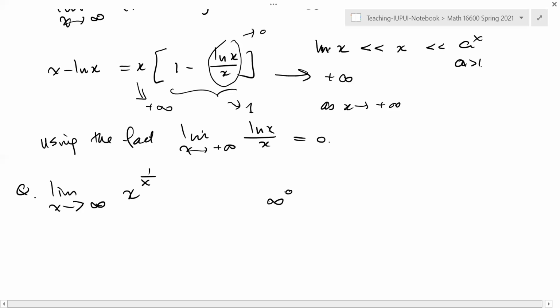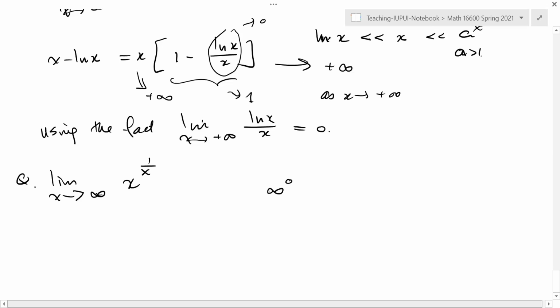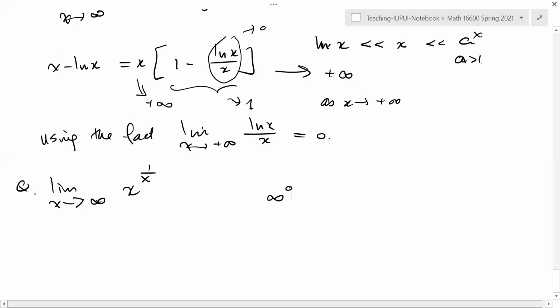So I need to modify this function. Yeah, you think about it, okay?